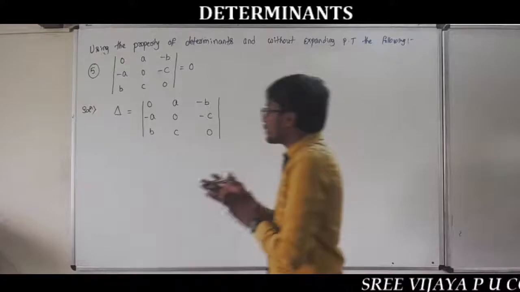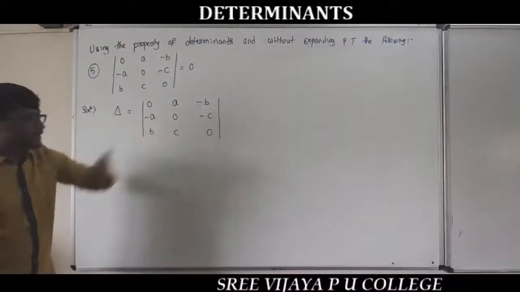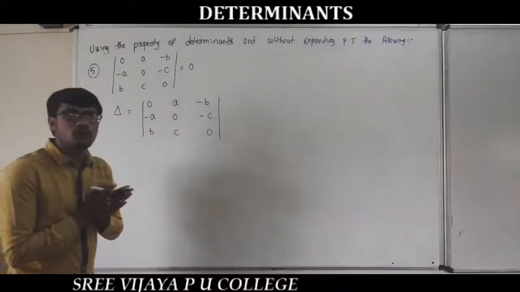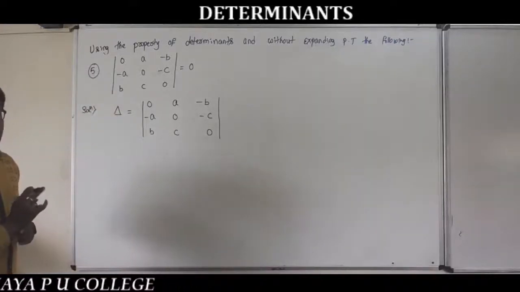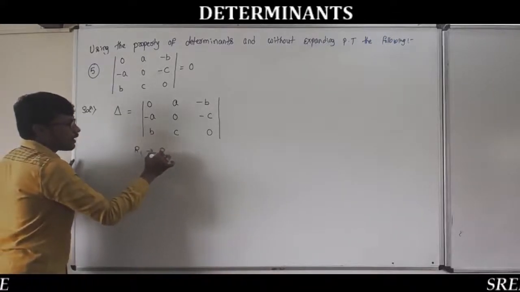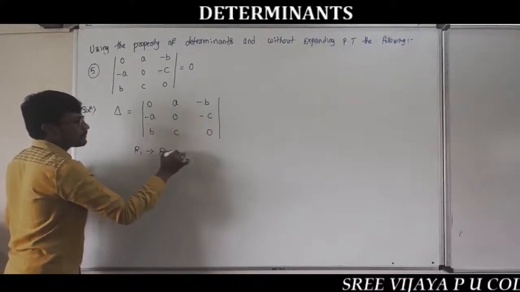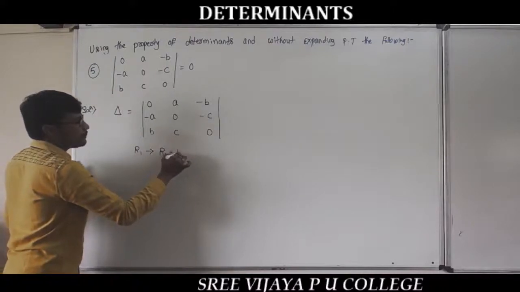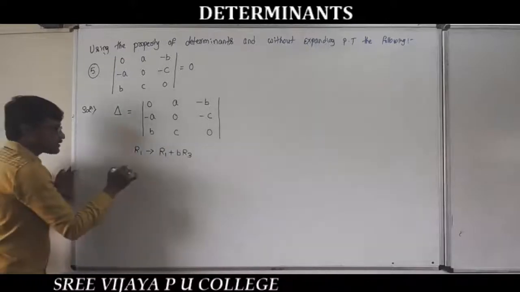So delta equals 0, a, minus b; minus a, 0, minus c; b, c, 0. To make it a 0, what elementary operation can you apply? I will apply the elementary operation R1 changes to R1 plus b times R2.